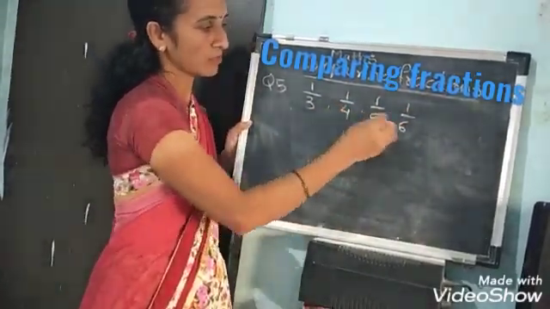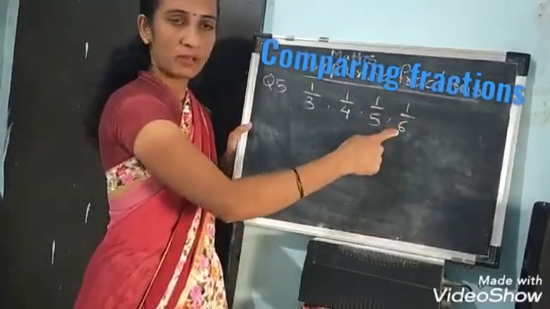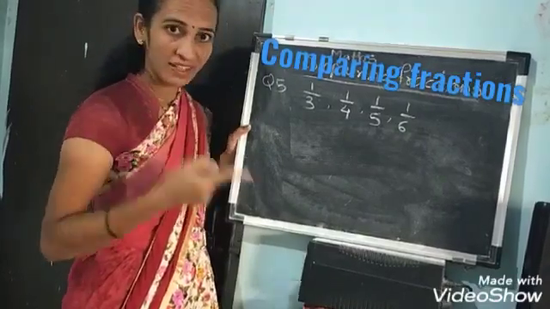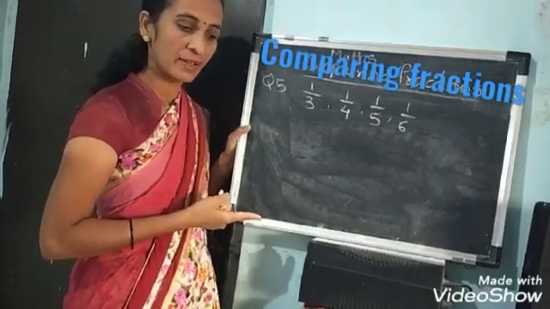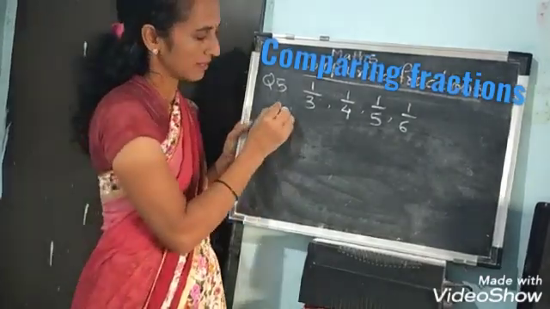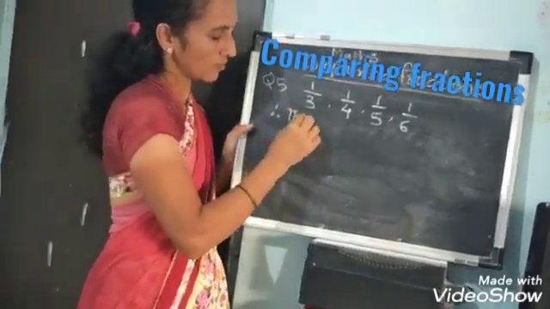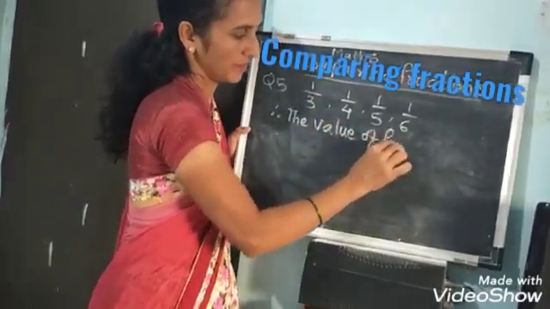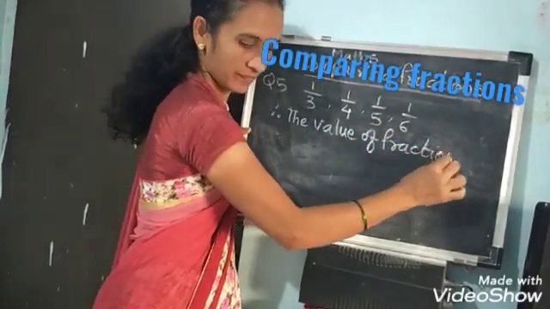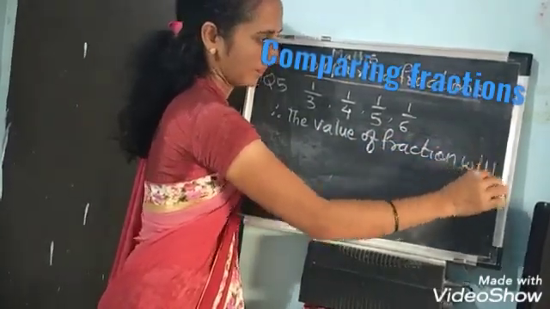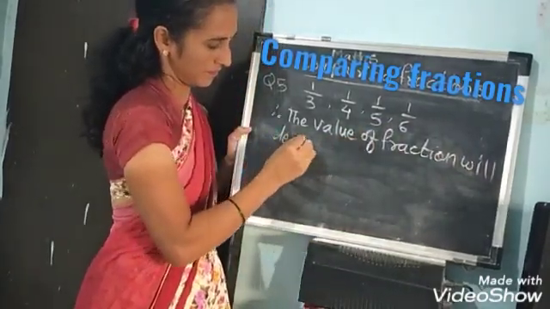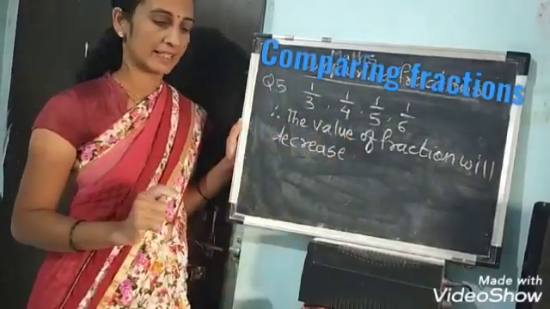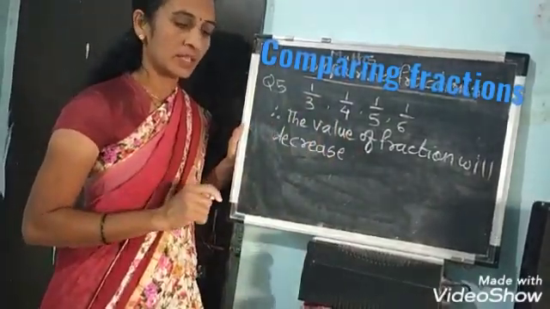Then what about the values of these fractions? You keep increasing the denominator by 1, then the value will decrease. The answer is the value of the fraction will decrease.